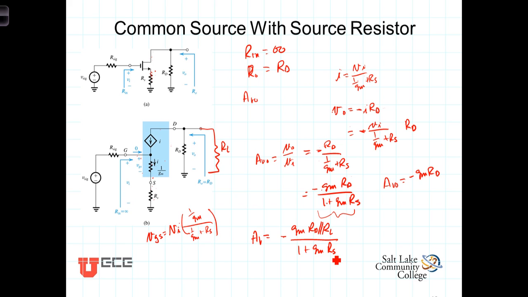And finally, because V in is equal to V sig, the result of the infinite input resistance, there's no voltage division taking place here, the overall gain, the total gain G, is just equal to A sub V.